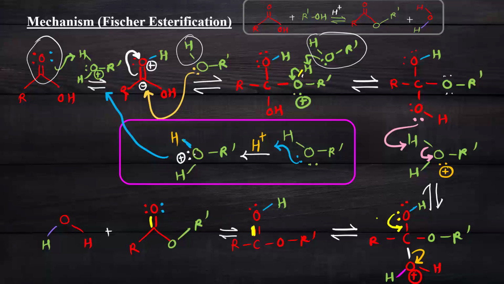Next, that oxygen lone pair attacks the hydrogen again of the alcohol and again converts into OH2 in our intermediate. So we can say this is intermediate 1, this is intermediate 2, this is intermediate 3, and then our reaction proceeds. In the intermediate 2 step, the lone pair attacks the hydrogen of the alcohol, the bond pair is shifted towards the oxygen atom, and we get a compound in which the oxygen is attached to hydrogen and possesses a positive charge.